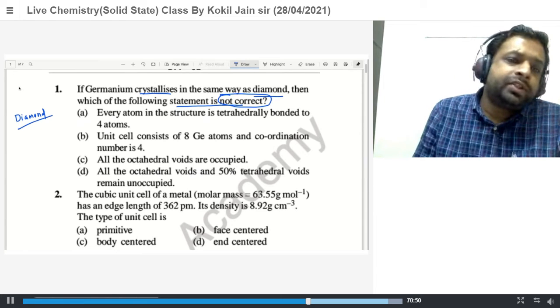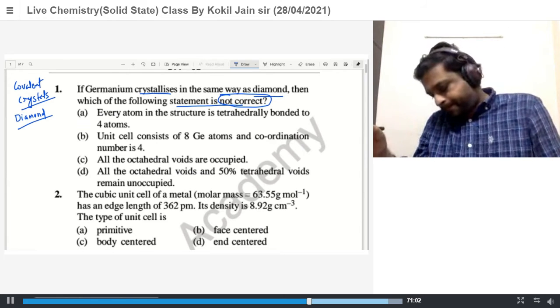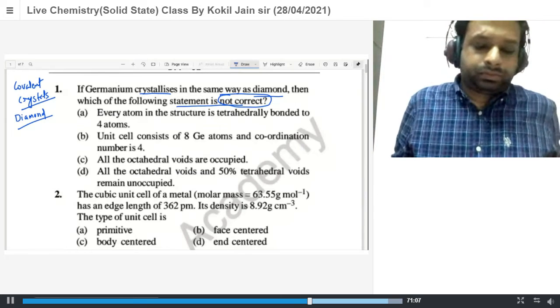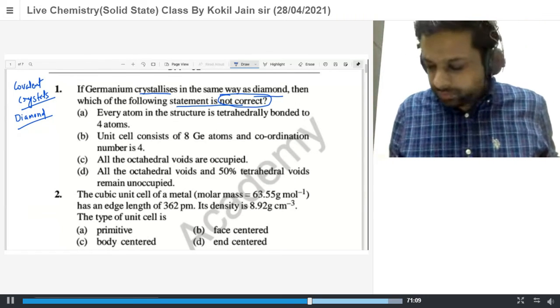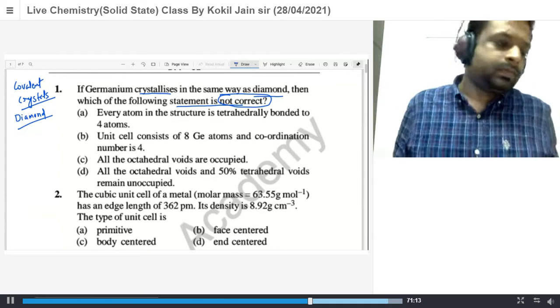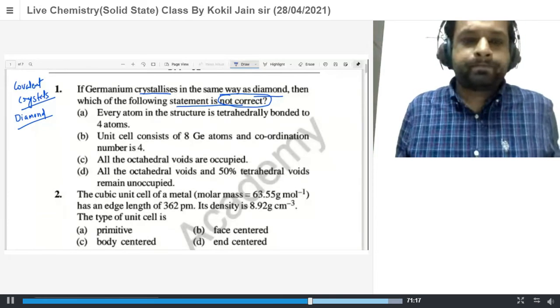During covalent crystals only we covered this. Yes. Hmm. Ariman?